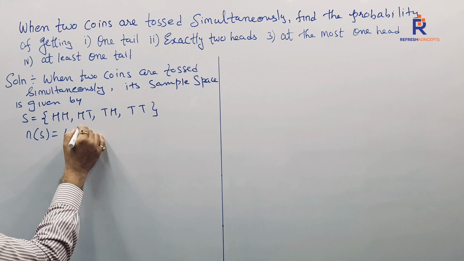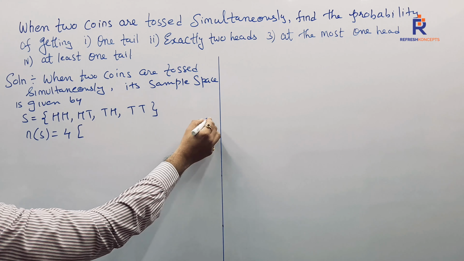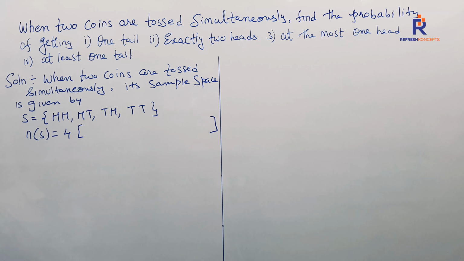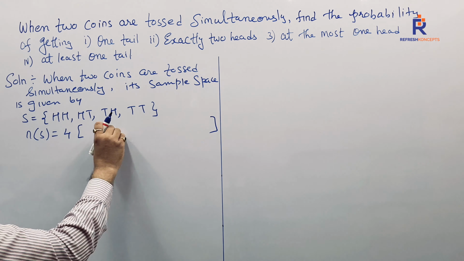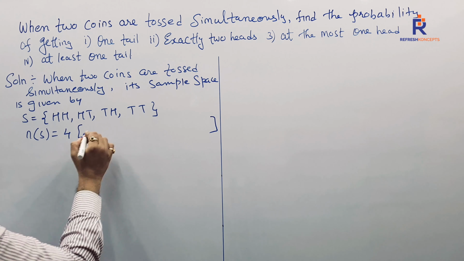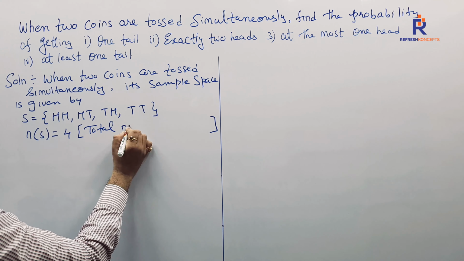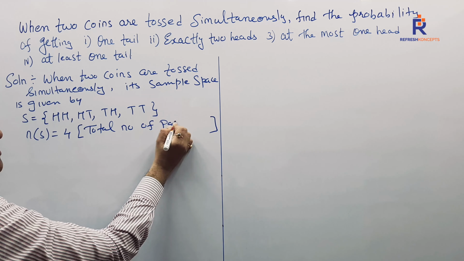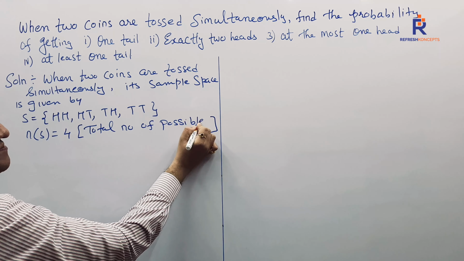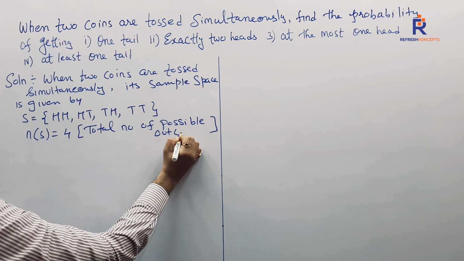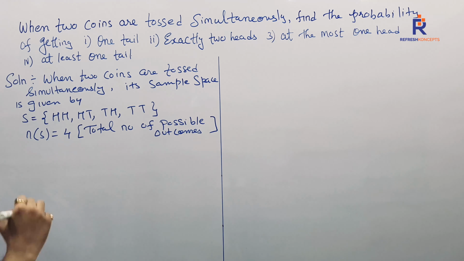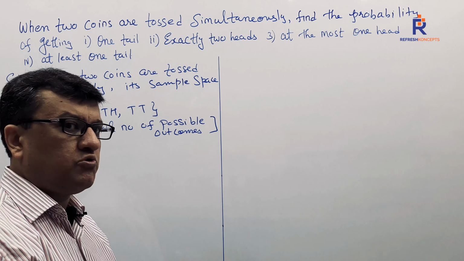This is also termed as the total number of possible outcomes. That means n of S is always taken as the total number of possible outcomes.